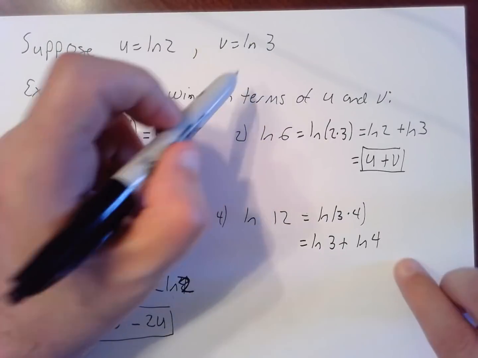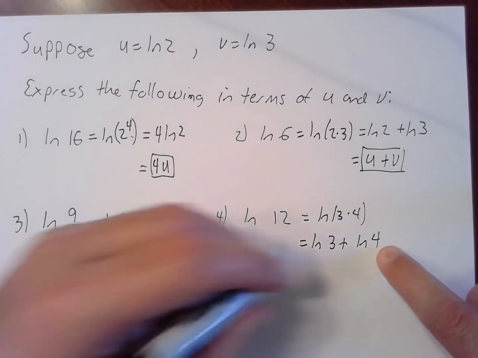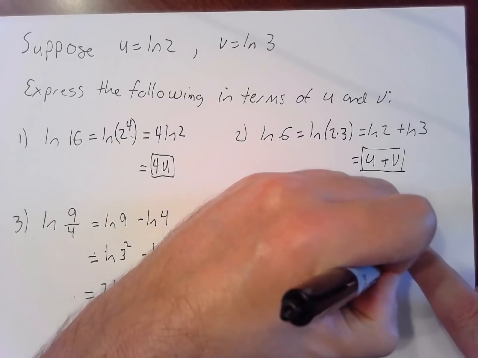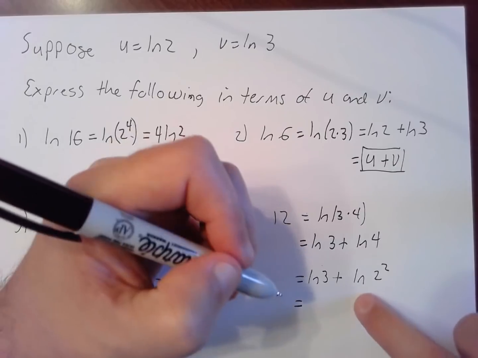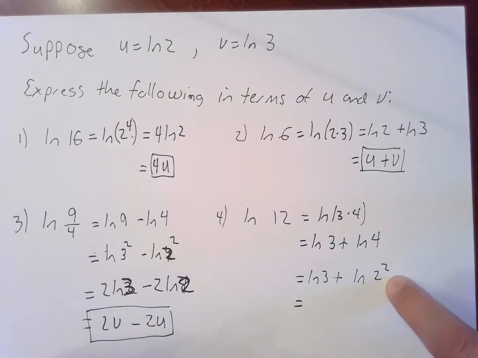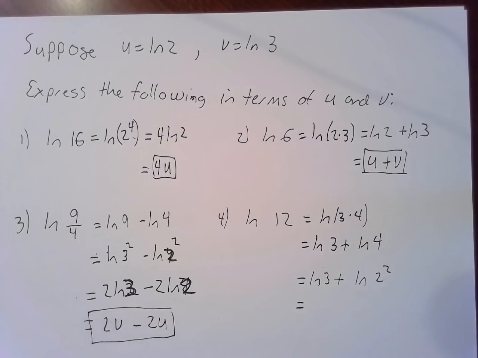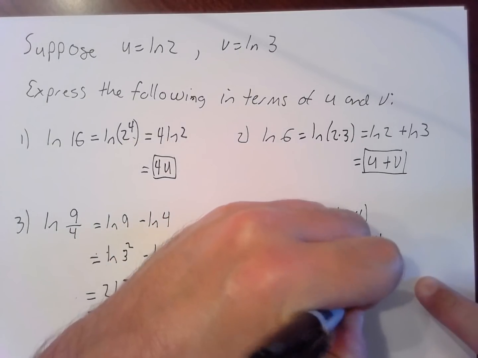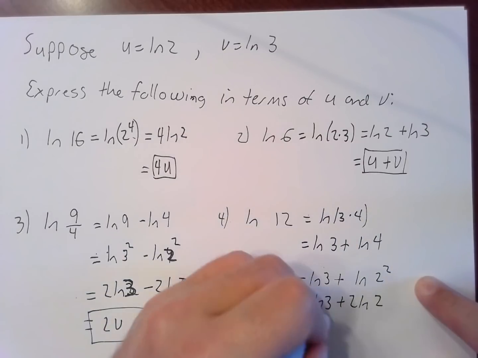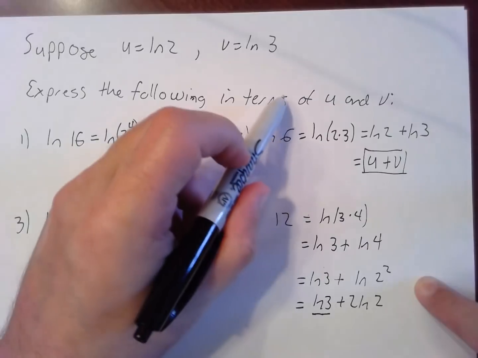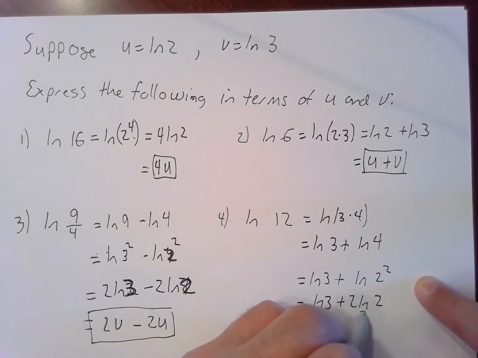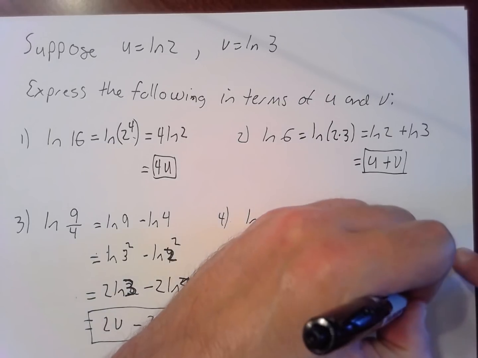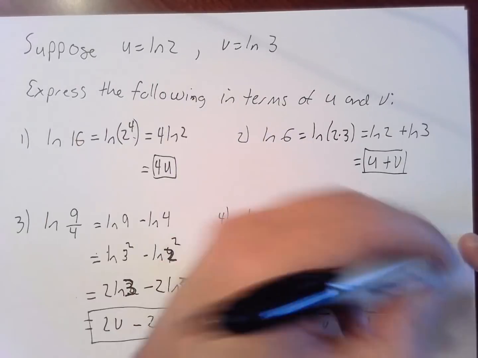He's v. 4 here, I got to play the same game I did over here. 4 is 2 squared. I don't know natural log of 2 squared. I just know natural log of 2. So I need to get this 2 down to ground level. Natural log of 3 we named v. Natural log of 2 we named u. So we get v plus twice u.